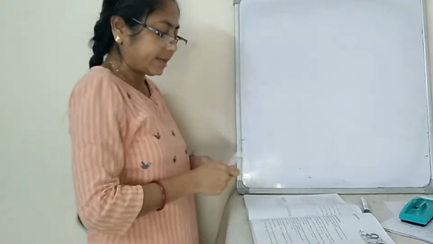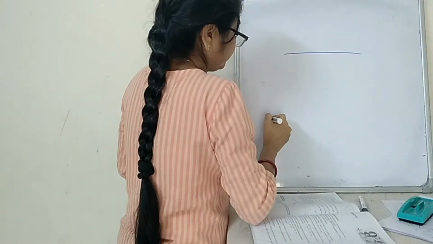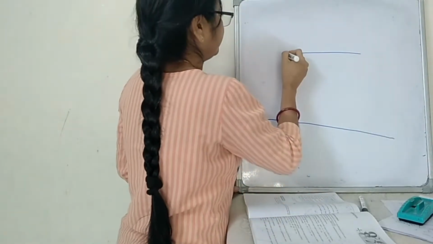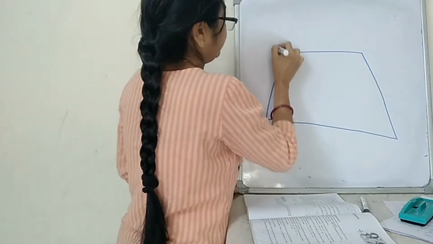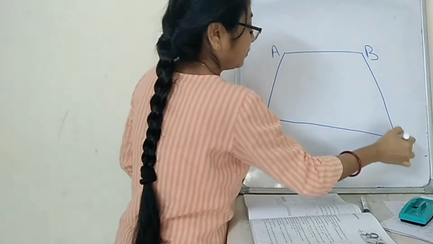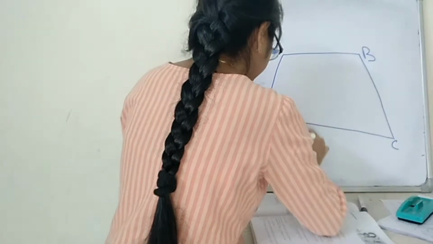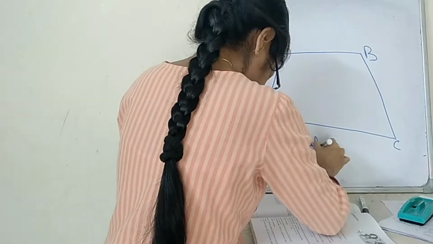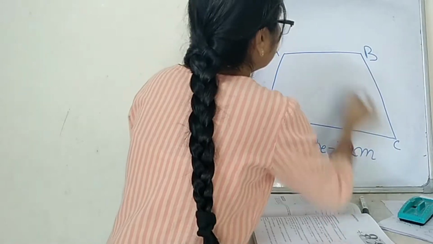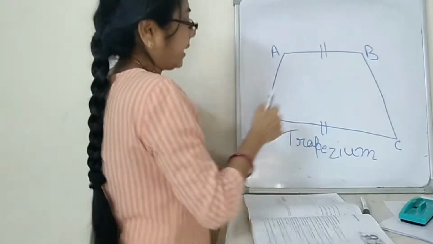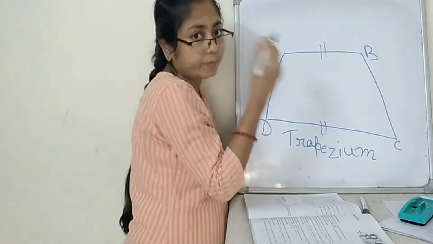Now I tell what a trapezium is. ABCD is a quadrilateral figure because it has four sides.